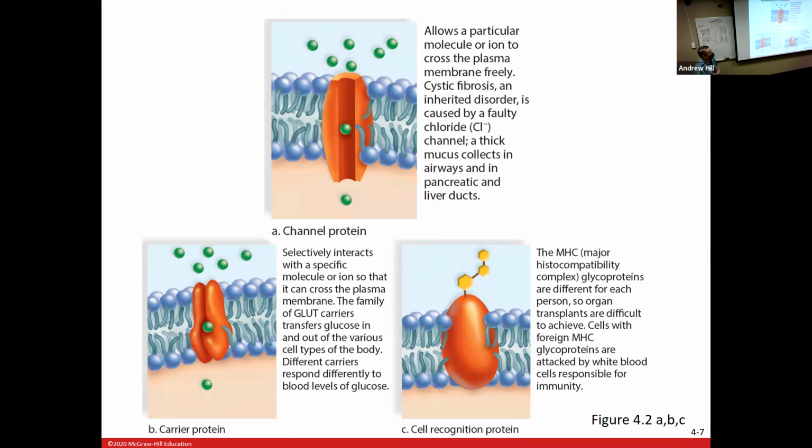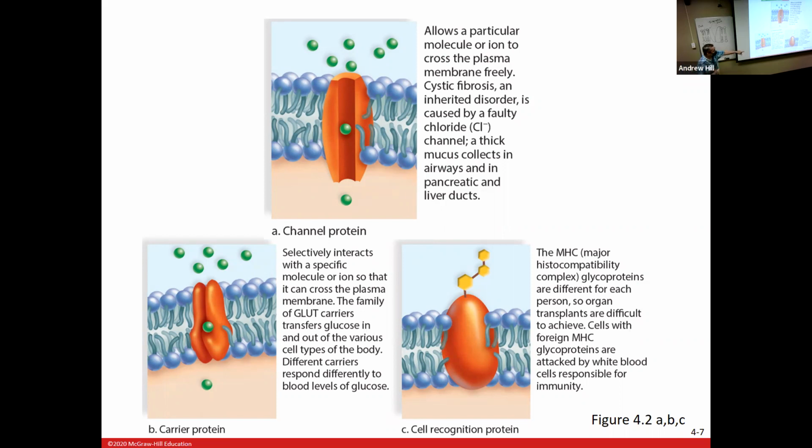So people with cystic fibrosis have a higher incidence of respiratory infections. We also have mucus in other places, like in the pancreatic and liver ducts. Those tend to get blocked if you have very thick, less watery mucus, which happens to people with cystic fibrosis.